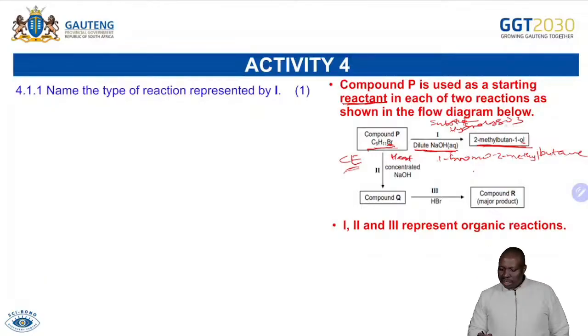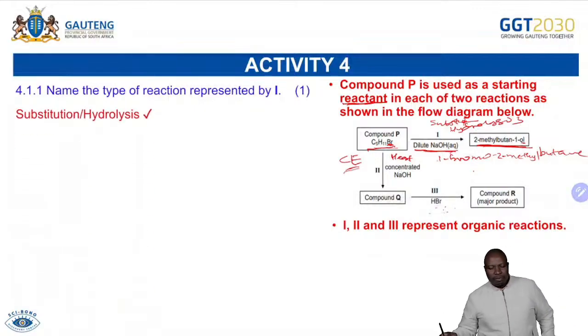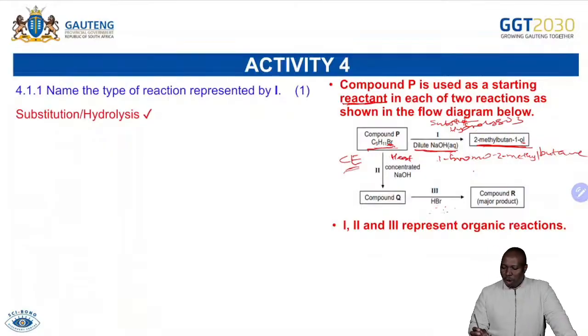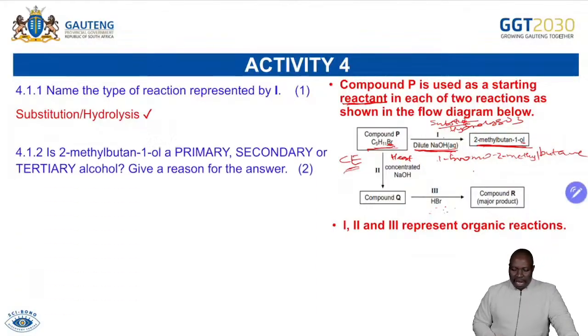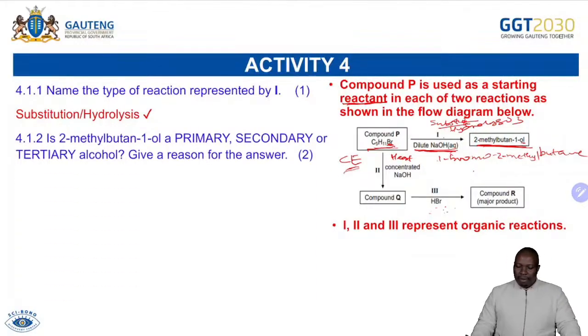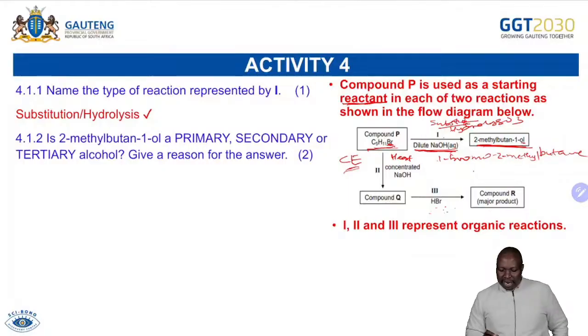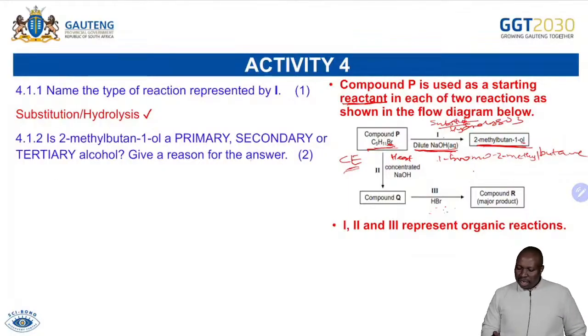And then you can see that when we eliminate, we'll have a double bond. We can add HBr, which is hydrohalogenation. So you are able to analyze that and see all the reactions like that. And then the name of the type of reaction 1, we said, is substitution because we're using dilute sodium hydroxide. And then is 2-methyl butan-1-ol a primary, secondary, or tertiary alcohol?